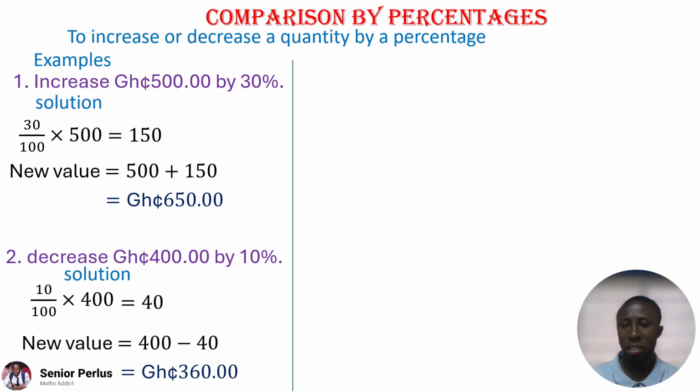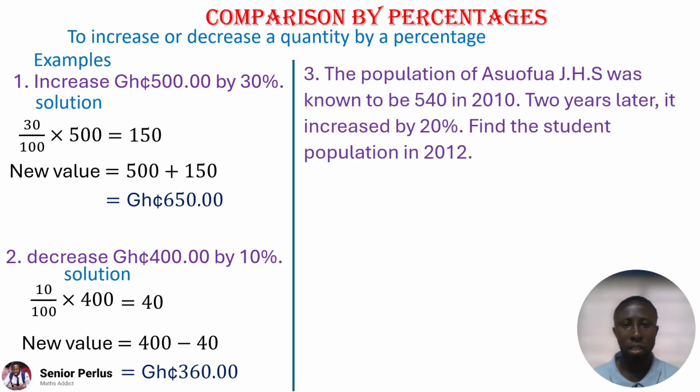So we dealt with this earlier on. The population of Eswafua JHS was known to be 540 in 2010. Two years later, it increased by 20%. Find the student population in 2012.